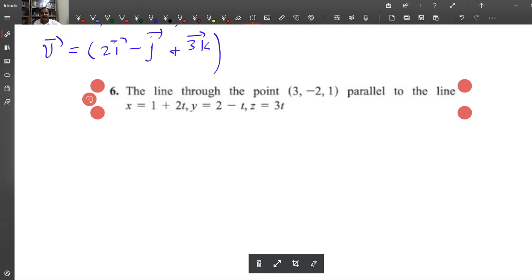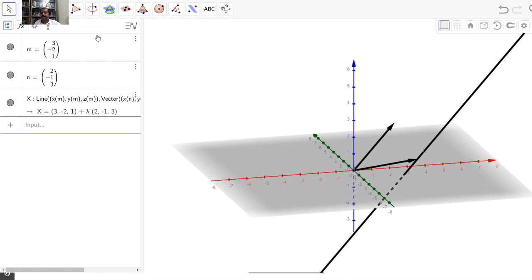So you have this. You may plot that x is equal to, initial position is 1, 2, 0, and the direction of the vector is 2, minus 1, 3. Okay. So you may plot it. So you can delete all these things. Delete.